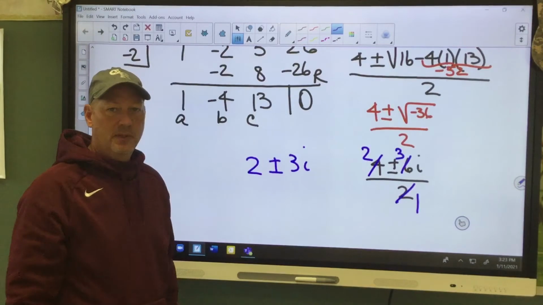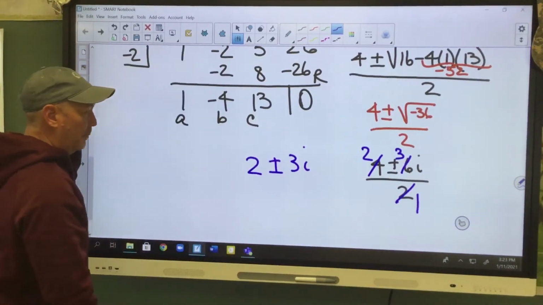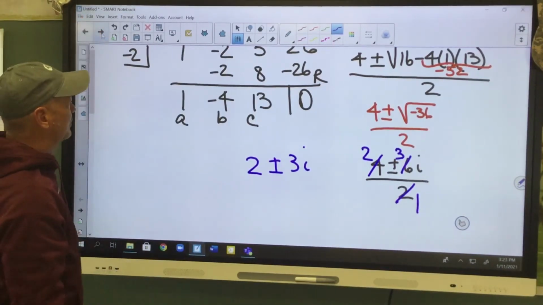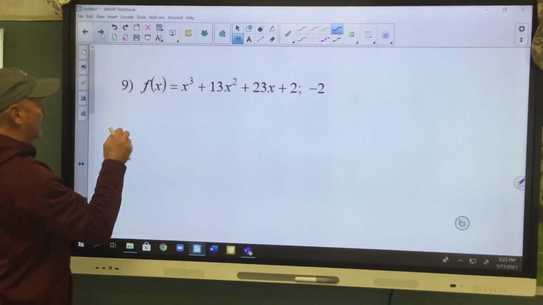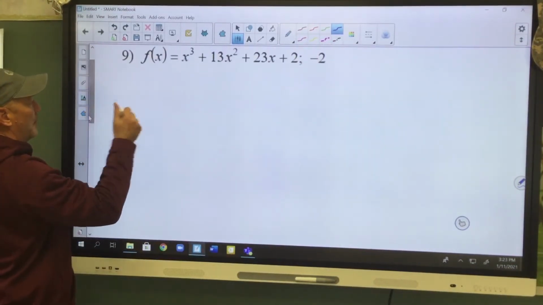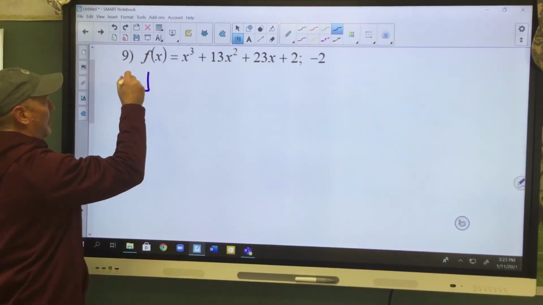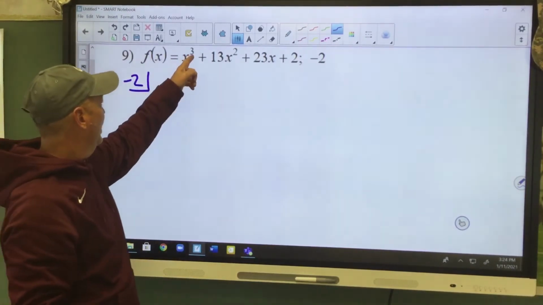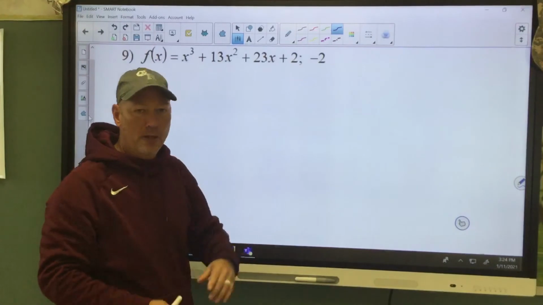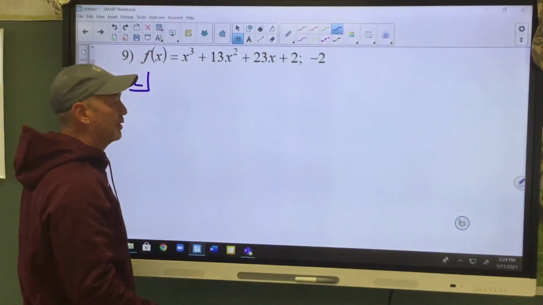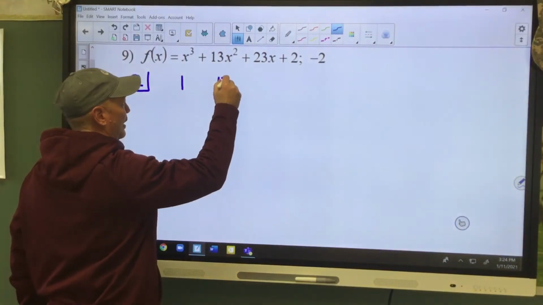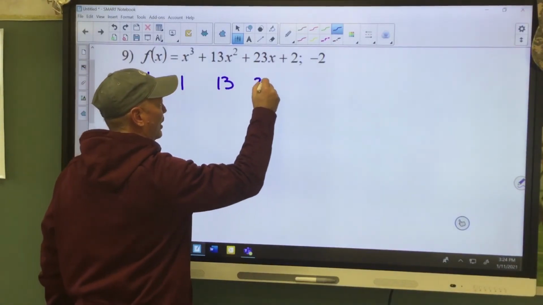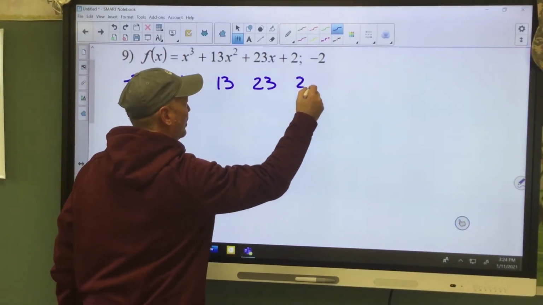Not bad, okay? One more example. All right, so we're going to work with -2. 3, 2, 1, no gaps, so we can get started on our synthetic division. We're going to have a 1, a 13, 23, and a 2.